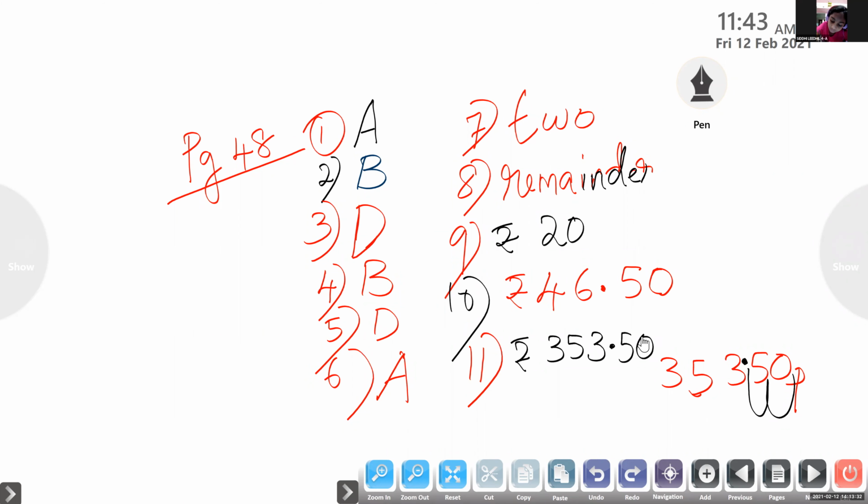When we divide, that is paise to rupees, we have to shift the digits from right to left by 2 digits. So the answer is 353.50. Okay, correct answer.